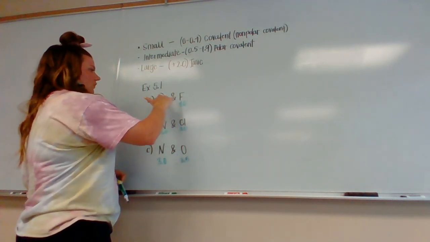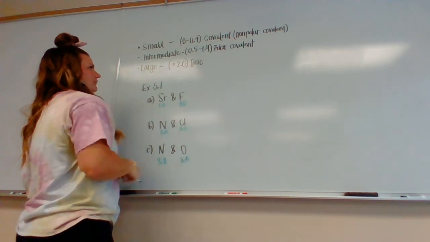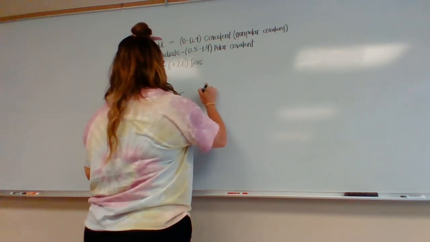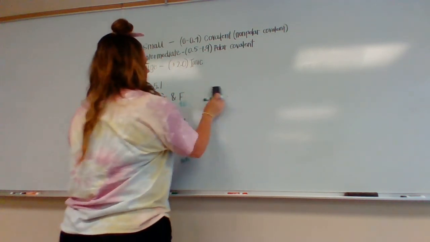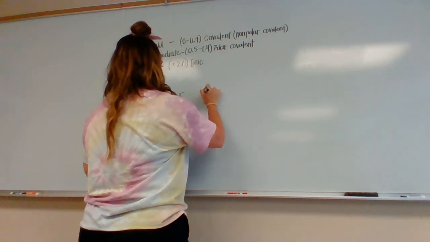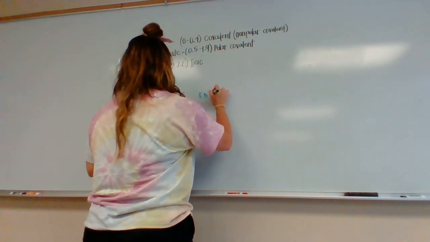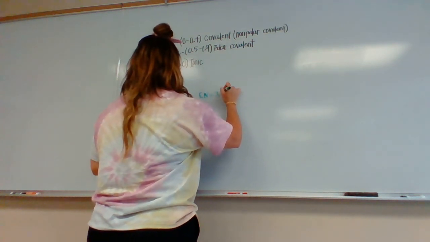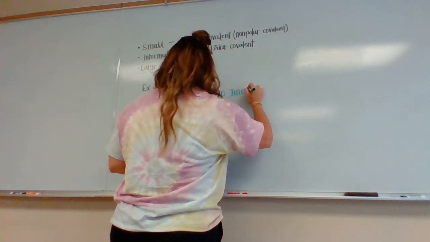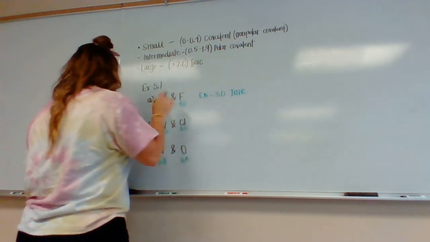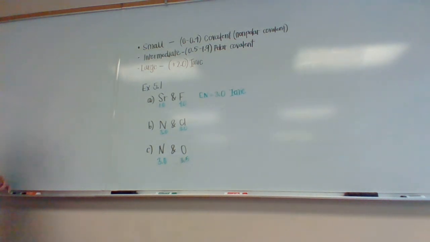If fluorine's 4, strontium is 1, what's the difference? 3. Let me write that. So the EN difference is 3. Therefore, it's an ionic bond. Again, I didn't even have to look up those electronegativity values to know that's an ionic bond. It's between a metal and a non-metal. Of course it's ionic.